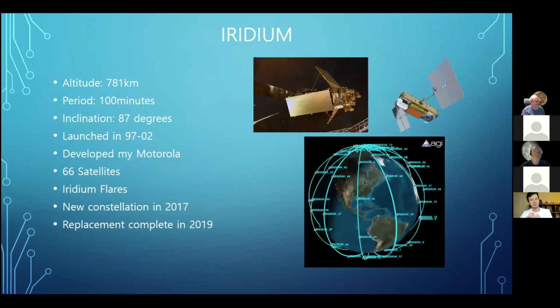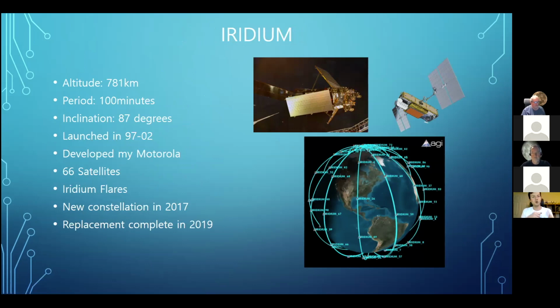So I thought I'd start off with the first, I think the original constellation. In this case, it was Iridium. The reason it was called Iridium is because it was designed to have 77 satellites, and 77 is the atomic number for iridium. As you can see there, it actually ended up being 66 satellites because they figured out they don't actually need 77.